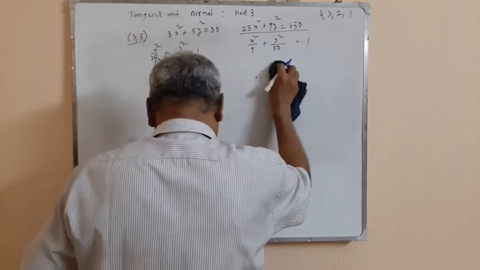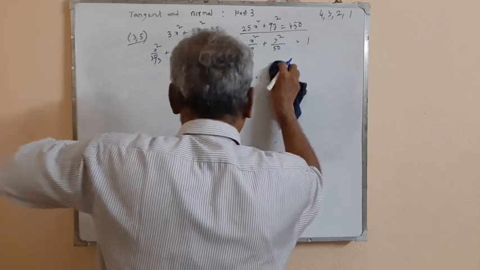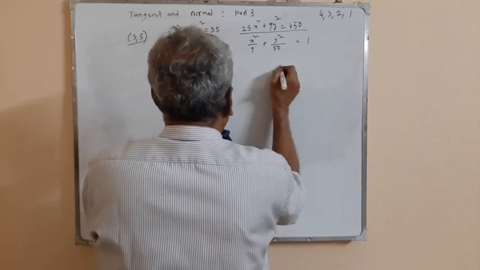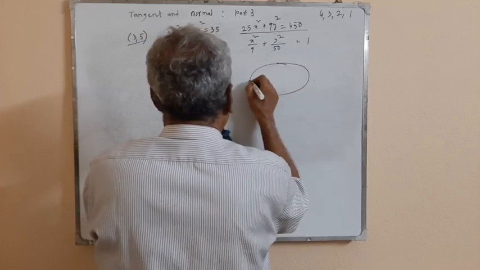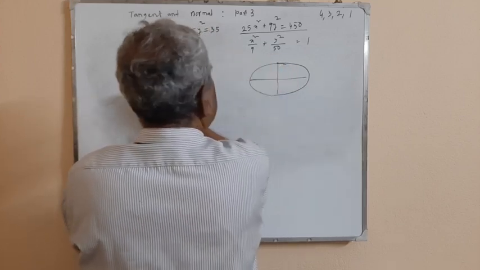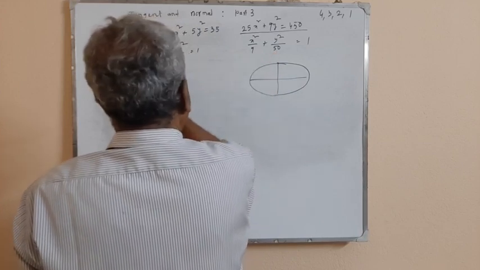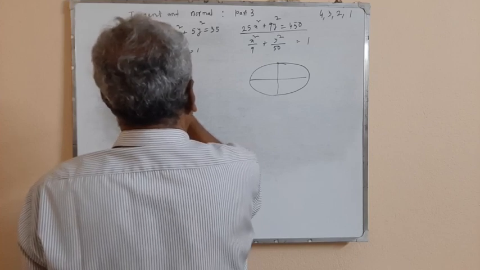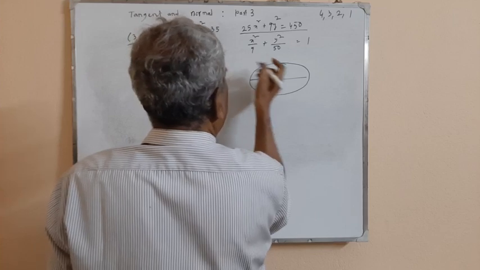This one is that ellipse, and you see, 7 is less than 50, and 35 by 3 is roughly equal to 11.